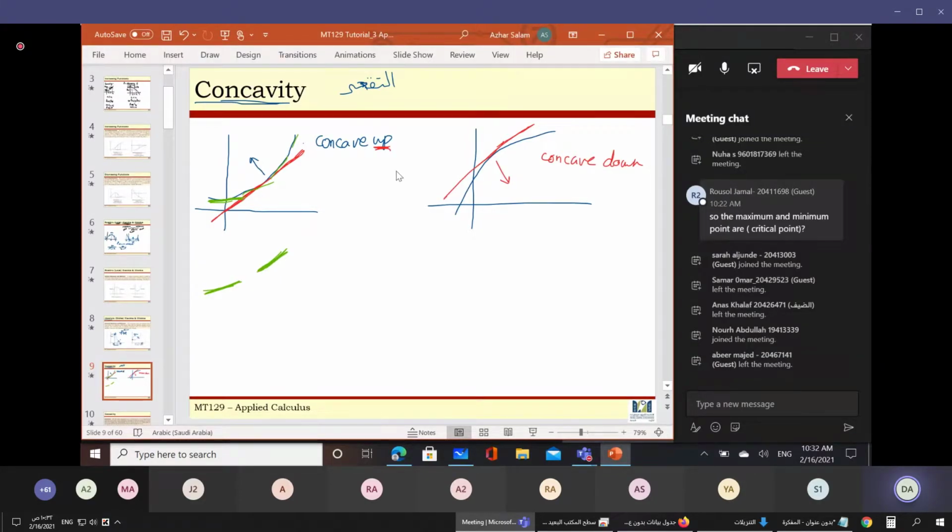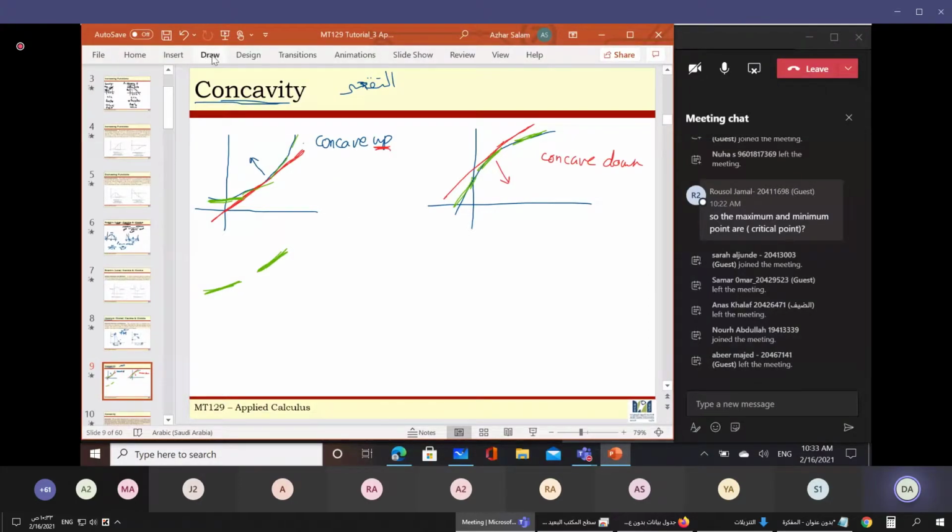Okay? But here each tangent I draw, the slope is going less. Okay? This is another way to know the concavity for a function. It's about the tangent or the slope of multiple tangents.